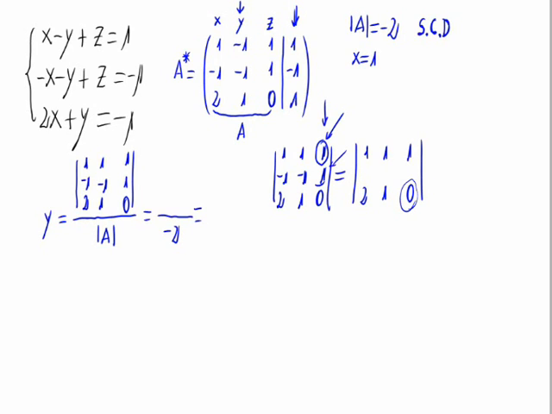So, adding or subtracting rows or columns, we would have a 0 on the third element of the second row. For the second row, we have to subtract the first row from the second row. It would be minus 1 minus 1 is minus 2, minus 1 minus 1 is minus 2, and 1 minus 1 is 0.